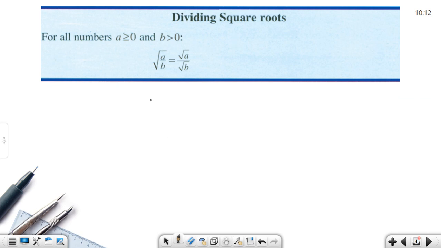Divided by square root, here be careful, a and b must be bigger than 0. b cannot be 0. We cannot divide by 0. These are given because inside the square root cannot be negative, don't forget it. Such as, let's say square root of 20 over square root of 5, it's exactly equal to square root of 20 over 5, square root of 4.